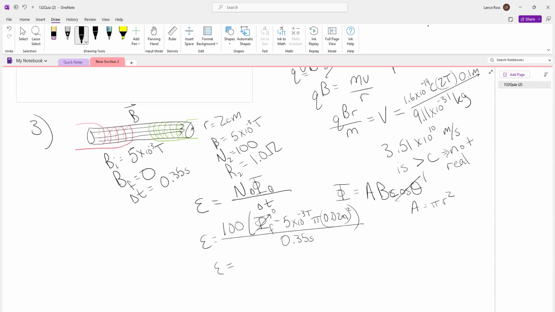All right, now I'm getting millivolts here. 1.795, approximately 1.80 times 10 to the minus 3 volts.